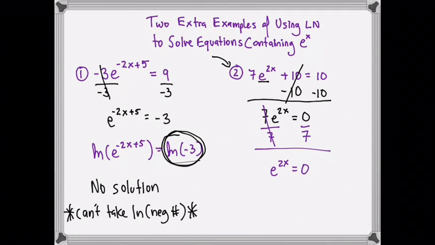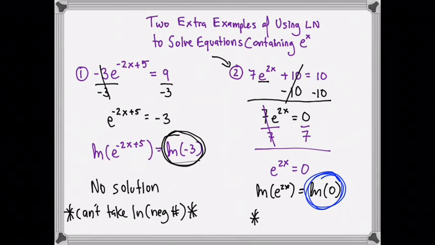Now I want to take the natural log of both sides, and we're going to run into the same problem, because we cannot take the natural log of 0. When you put it into your calculator, it is going to give you an error, okay? And so we learn that you can't take the natural log.